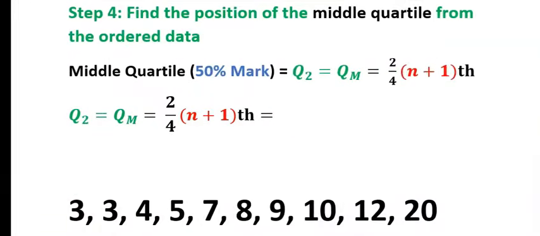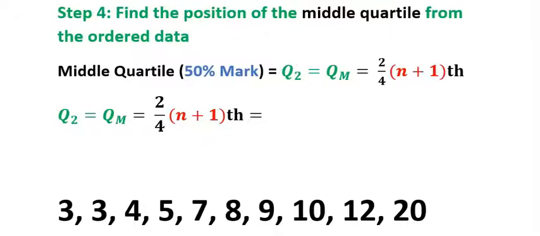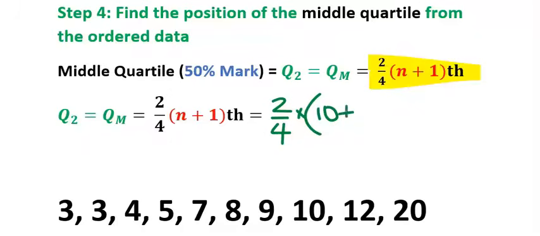Step number 4. Let's find the position of the middle quartile using this formula. Hence, we have 2 over 4 multiplied by 10 plus 1. Hence, the position is 5.5th position.